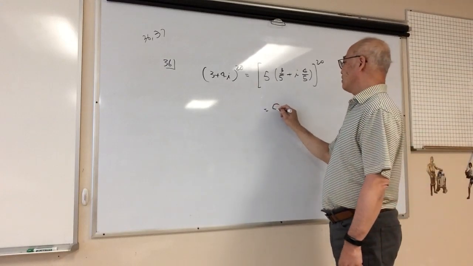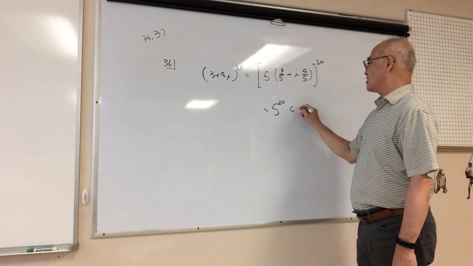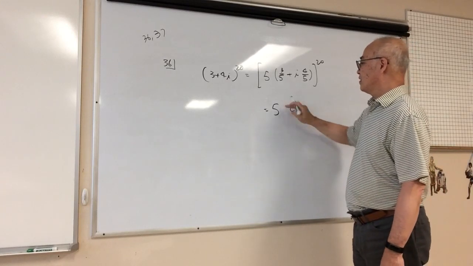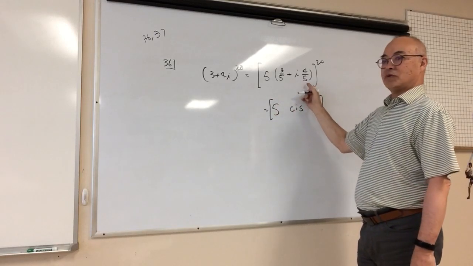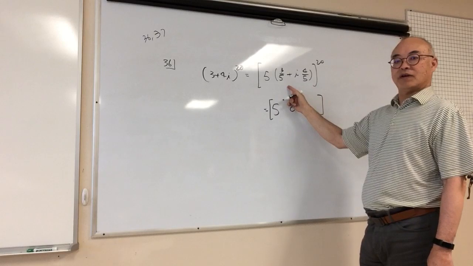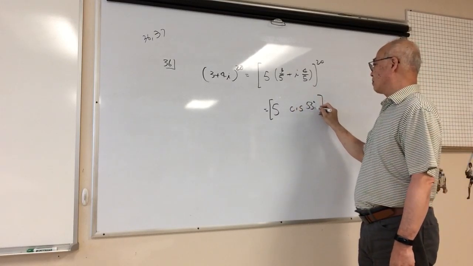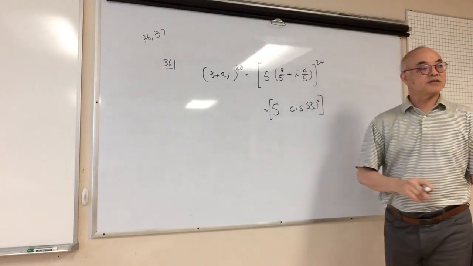Whatever that is, I have no idea what that is. And then it's going to be cis. Well, actually, let's not do this yet. 5 cis, and this is going to be what? 53.1, I think? Is it 53.1 degrees? Oh yeah, we did this yesterday.